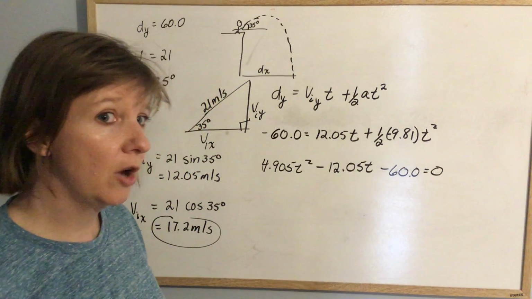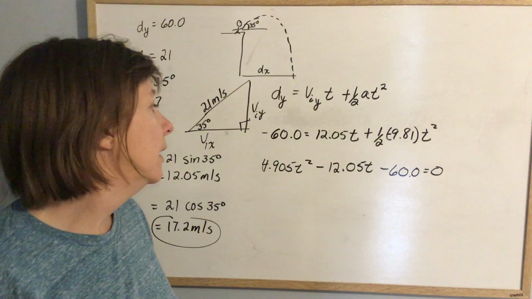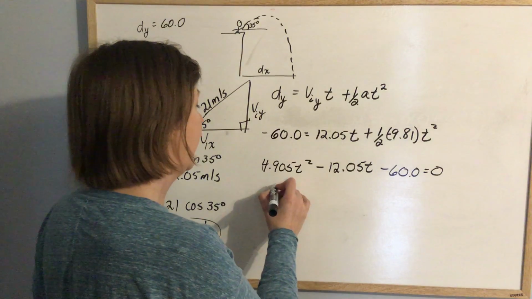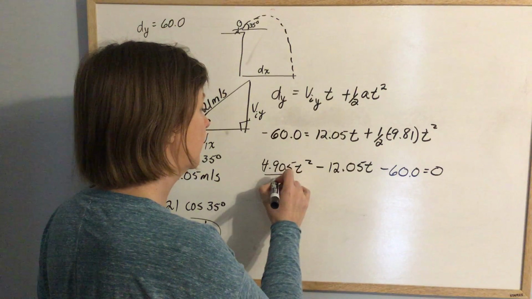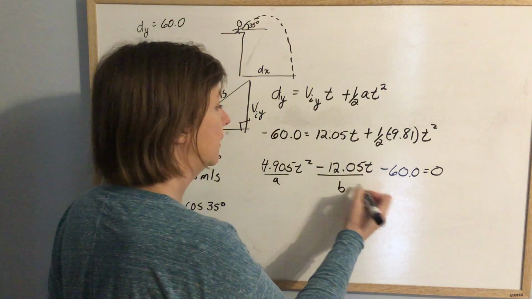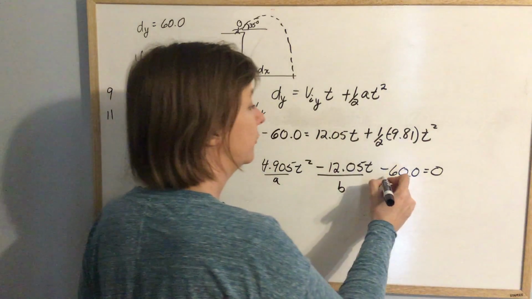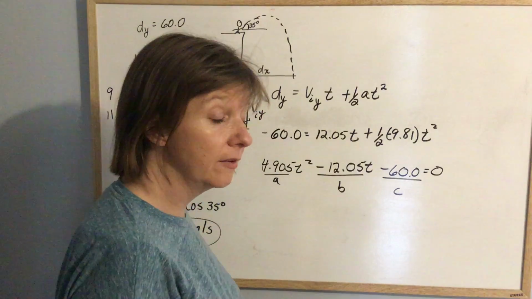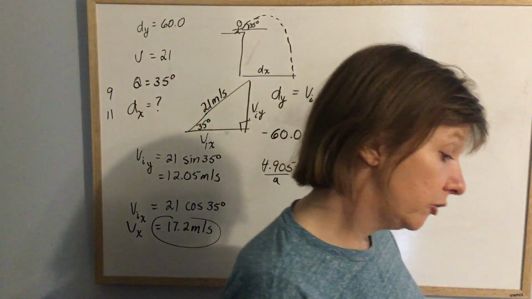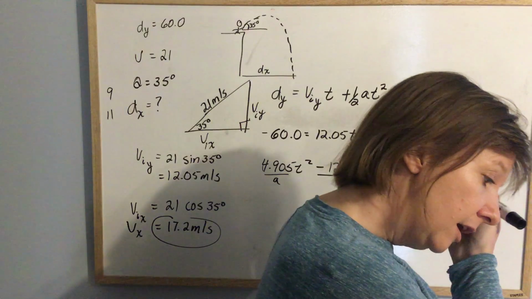This is now a quadratic equation. So my A is this, my B is negative 12.05, and my C is negative 60. Very important that you pay attention to that.